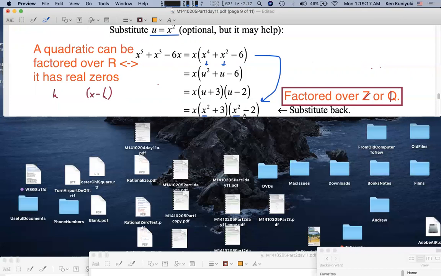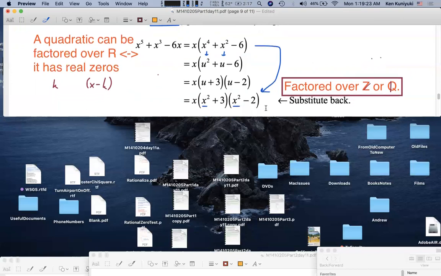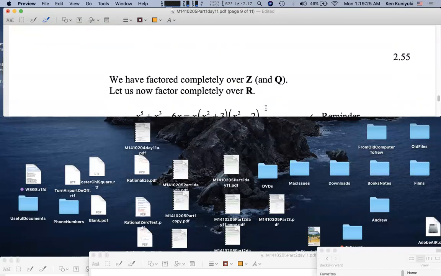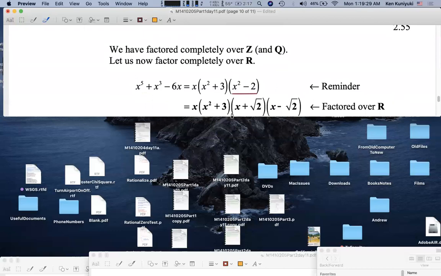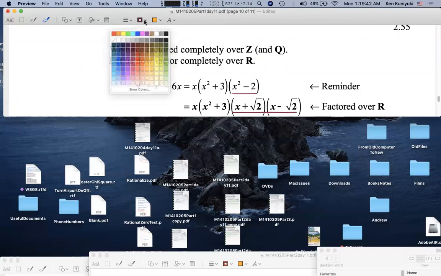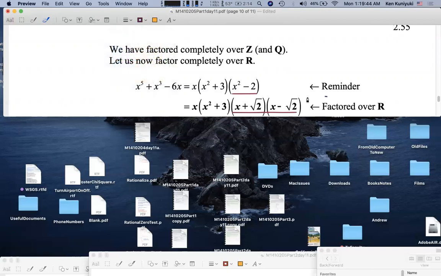How could you factor x squared minus 2? You can factor it as the factor x plus root 2 and the factor x minus root 2. 2 is the square of the square root of 2. And at this point, we have completely factored the fifth-degree polynomial over the reals.